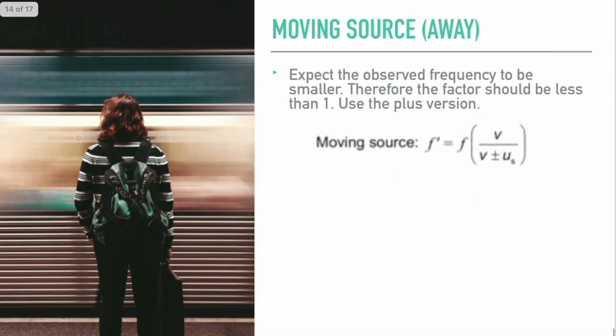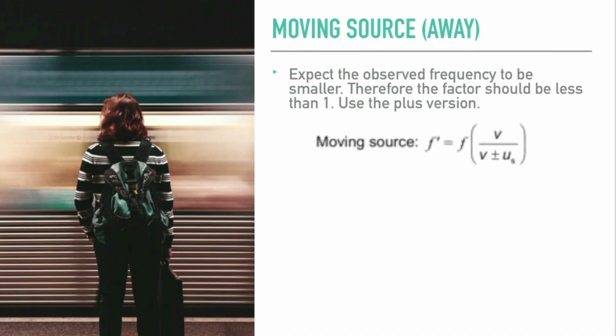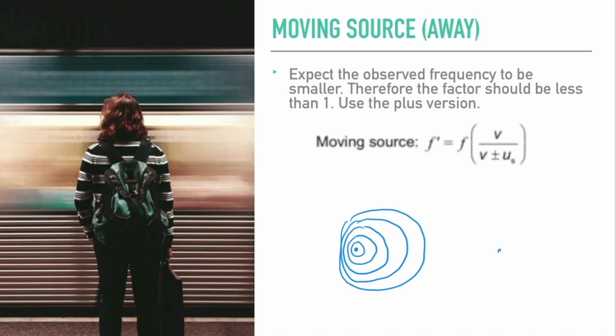No surprises then if you have a moving source away from the observer. Let's draw that. So we've got a moving source, it's moving away from the observer. The observer experiences f dash, this is f, this is moving. We expect this frequency, f dash, to be less than the original frequency.